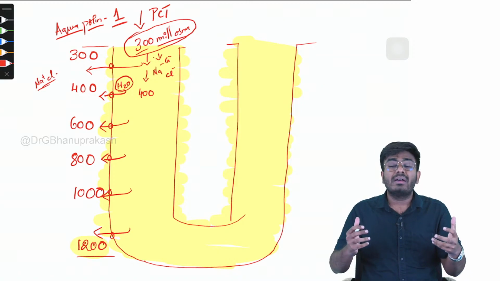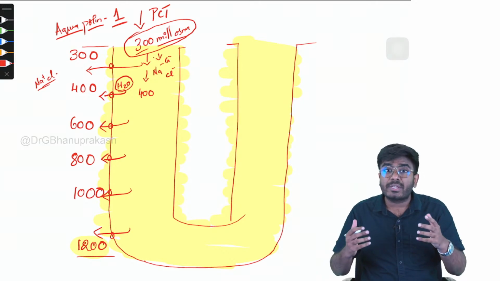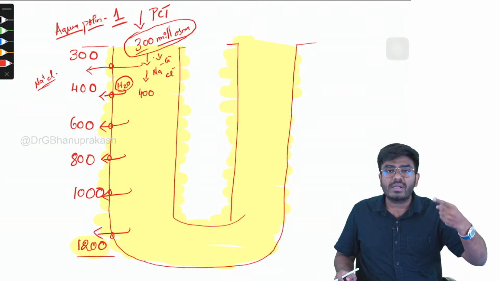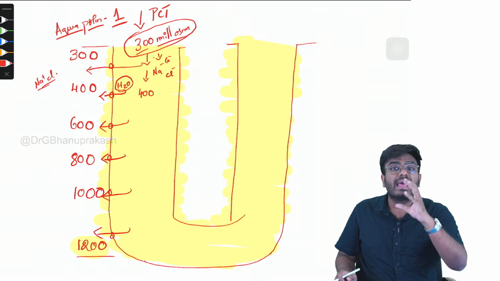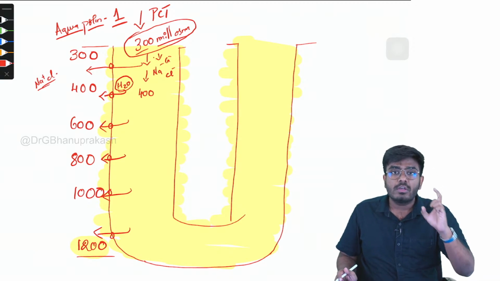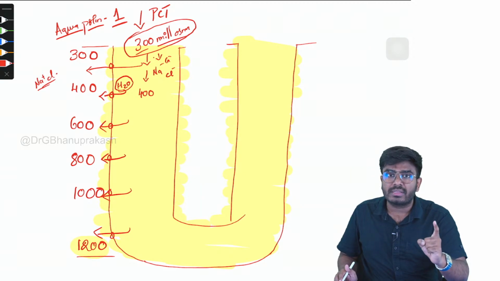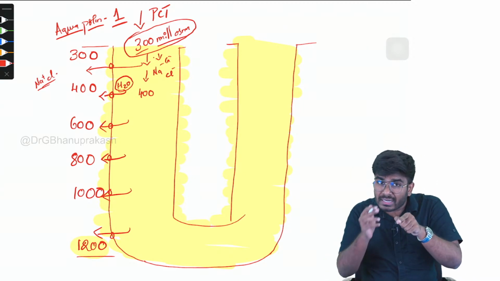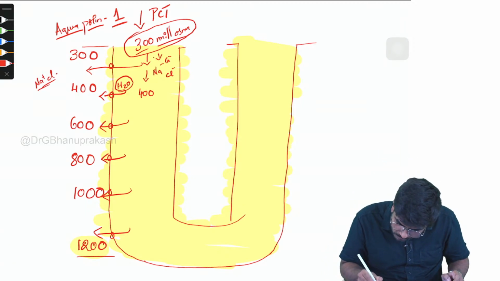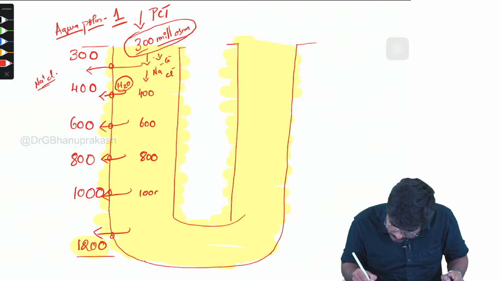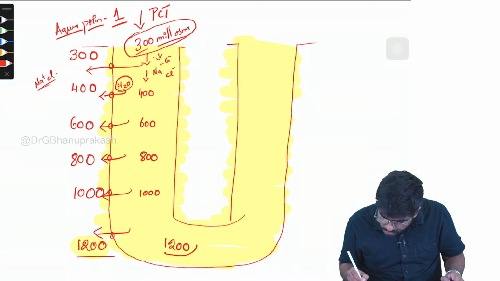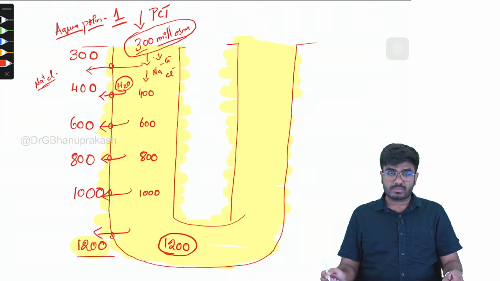Now why will our urine be concentrated? It's because of hyperosmolarity in the medulla. In the medulla there is so much solute concentration, it will drag all the water towards itself. So only water is being reabsorbed in the descending limb of loop of Henle. At the hairpin turn, as only water is getting reabsorbed, the fluid will get a concentration of 1200 milliosmoles.